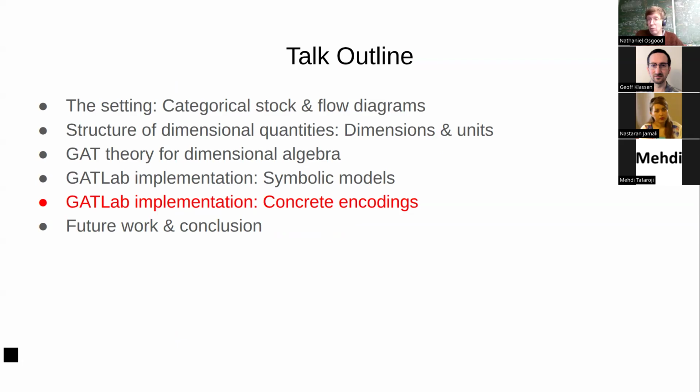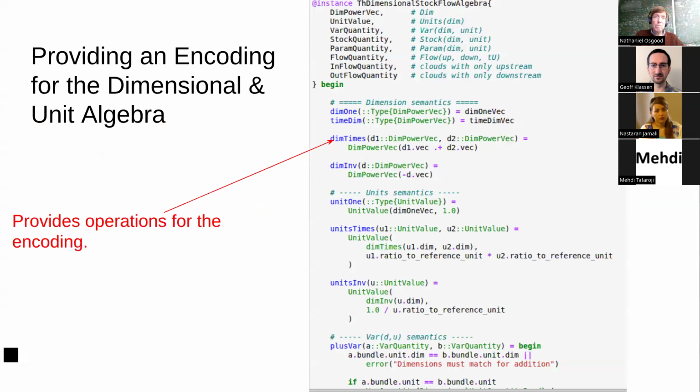We need to do more than characterizing formulas and the dimensions of those formulas. We want to have actual values for stocks, actual values for flows at any one time, actual values for parameters at any one time, often invariant.